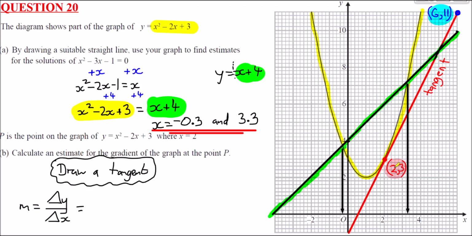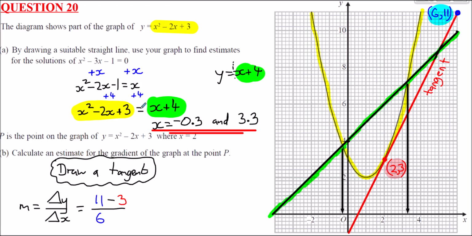So I'm going to base my gradient off this point here and this point here. Between these 2 points, the change in y is 11 take away 3, and the change in x between my 2 points, yours will be different, but you should get a similar answer to mine. The change in x was 6 here, but it used to be 2 there.